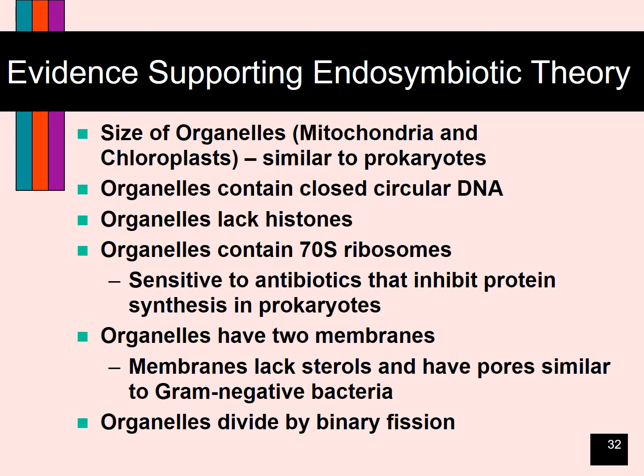And the organelles have two membranes, which is consistent with a smaller organism being engulfed by a larger organism and being brought into a vesicle. So the vesicle would be one membrane, and then the second membrane would be the membrane of the cell.